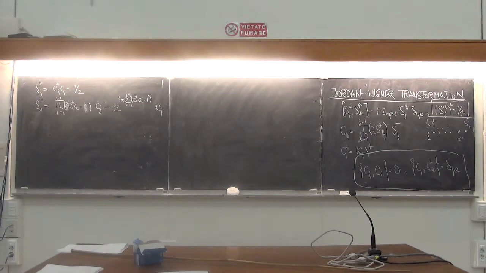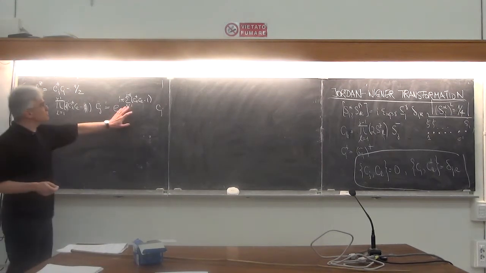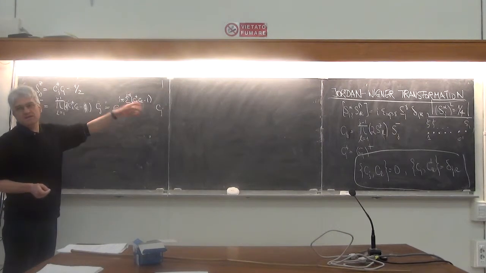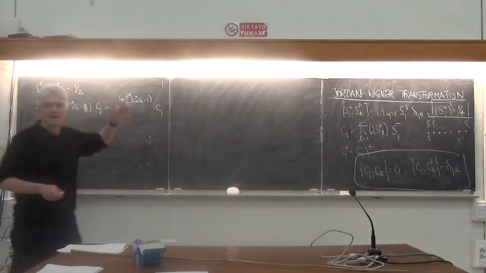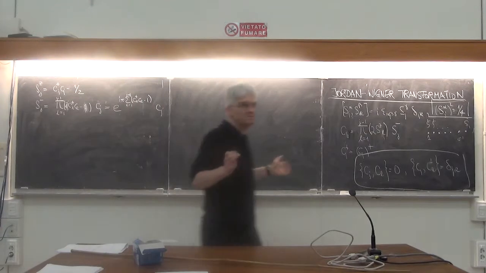Essentially what you have to use is that the exponential of an operator is defined as the power series, and because these are spinless fermions, the number operator squared is the same as the number operator.